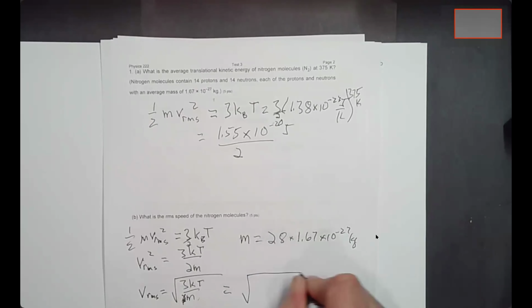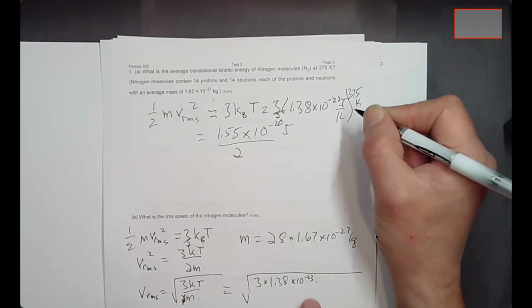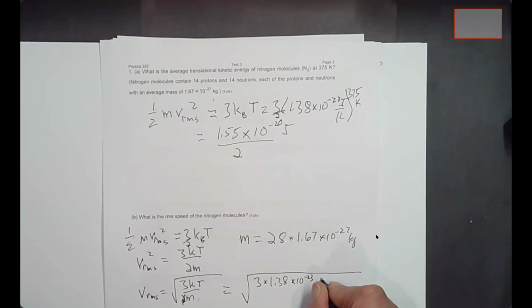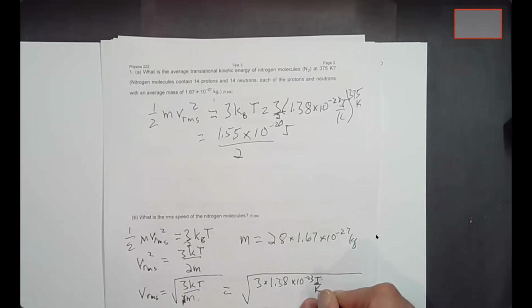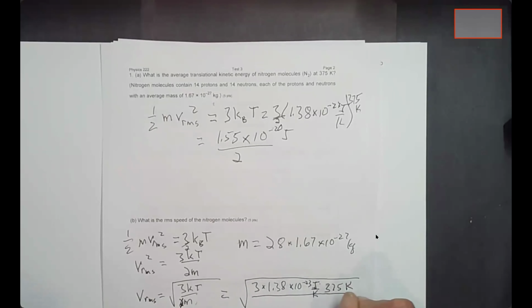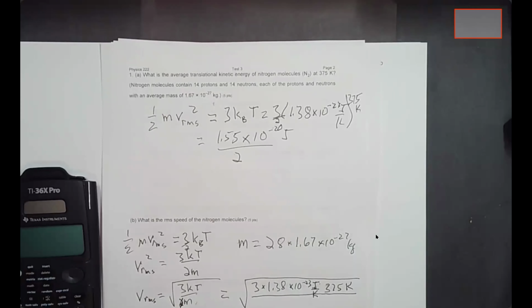So I'll end up taking a square root here: 3 times Boltzmann's constant again, 1.38 times 10 to the minus 23 joules per Kelvin, times the temperature, and it has to be the Kelvin temperature, 375 Kelvin, and divide by the mass that I'm going to get by doing that.